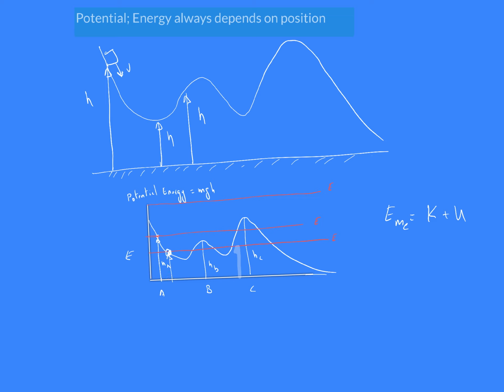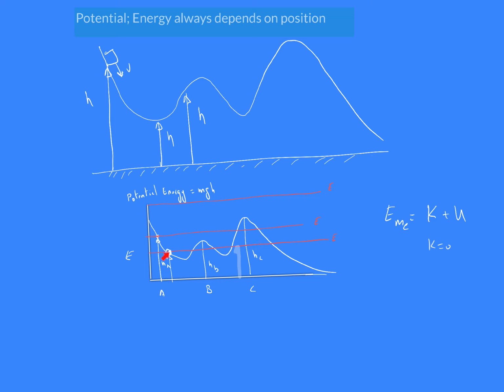It will be K plus U, but U is mgh, so K will be 0. So at this position, with this mechanical energy, the potential energy will be mgh_A, but because the curve of the total mechanical energy is here, the kinetic energy should be 0.